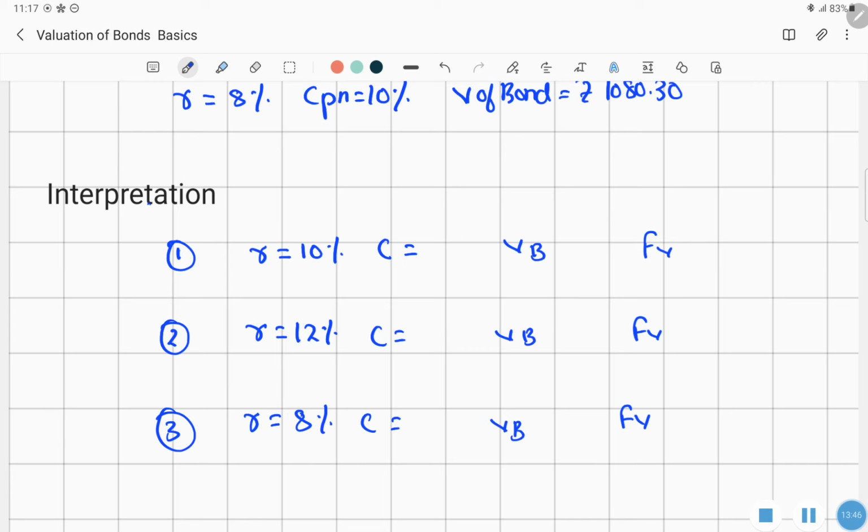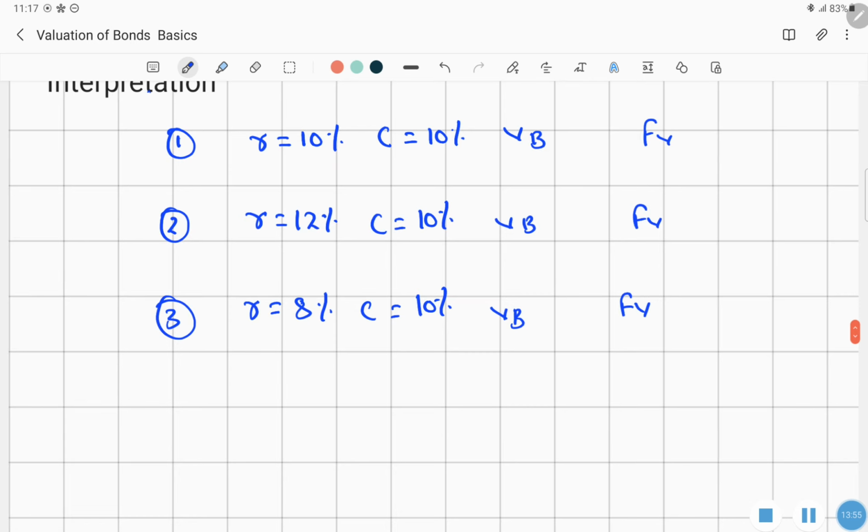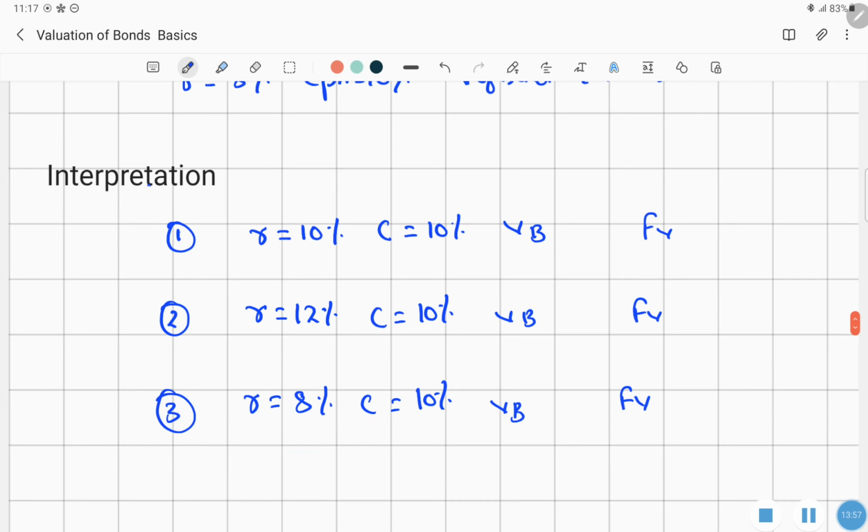So we have kept the coupon rate the same, 10%, 10%, and 10%. Now we have calculated the value of the bond for required rate of return 10% and coupon 10%. Then we get the value of the bond as 1000, and the face value of the bond we already have 1000. Here we find that the value of the bond is equal to the face value of the bond, right?